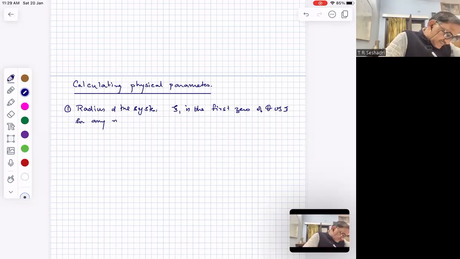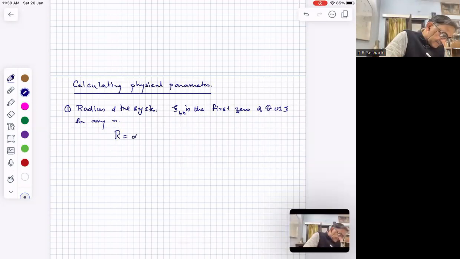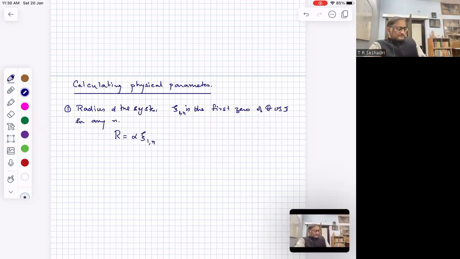So for the polytrope of index n, what is the value of xi where theta hits 0 for the first time? And then the radius R will be given by alpha times xi1. This is what I told you just now. Is this clear now?